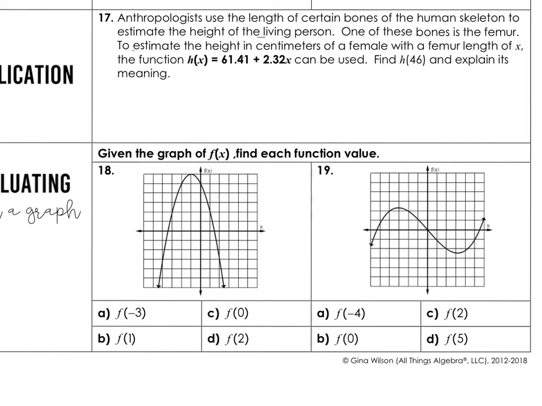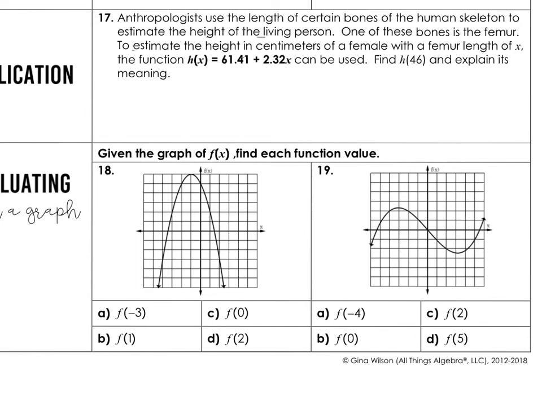One of these bones is the femur. To estimate the height in centimeters of a female with a femur length of x, the function h of x equals 61.41 plus 2.32x can be used. Find h of 46 and explain its meaning.